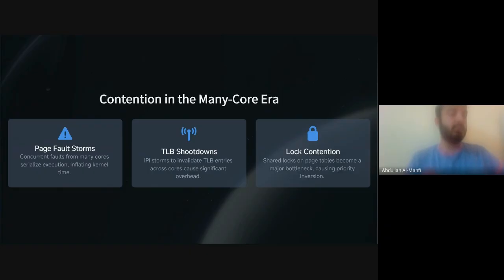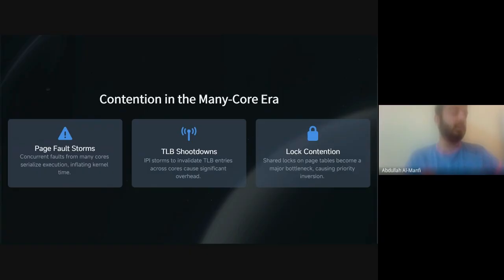We can get a page fault storm that serializes execution and increases kernel time. A TLB shootdown, where one core sends IPIs to others to invalidate their TLBs, also becomes very expensive on many-core systems.